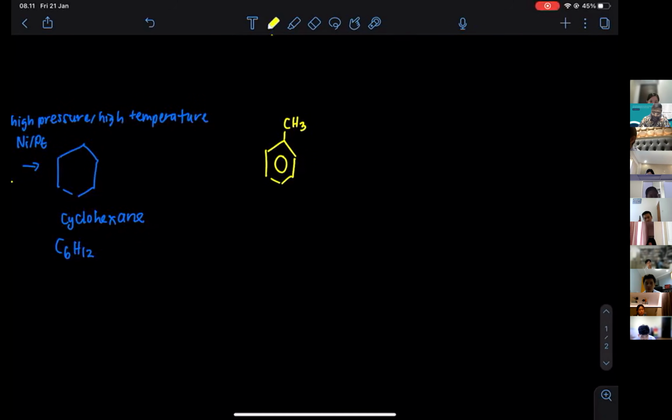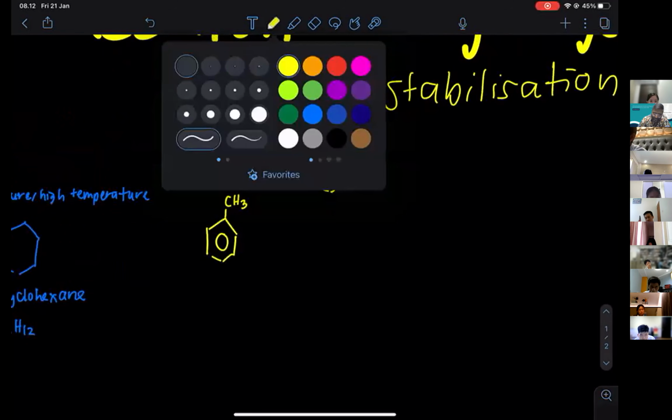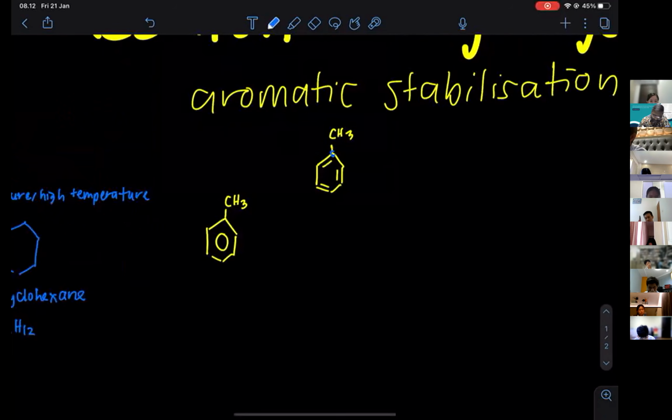If I represent this, let's say this is CH3, and I put it over there, it means that there is no hydrogen next to CH3. This carbon is only bonded directly to CH3.